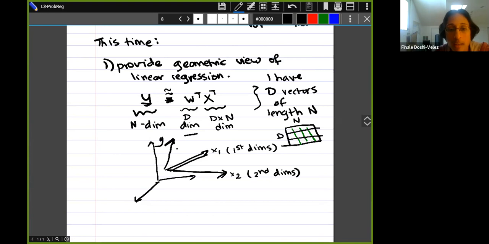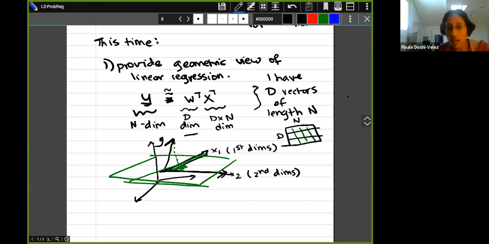Well, the best I can do to try to explain this y with these guys here is a projection, right? There's a subspace that these x's create, a plane that these x's have created. I want to project my y onto that plane, and this is the thing that I can get.